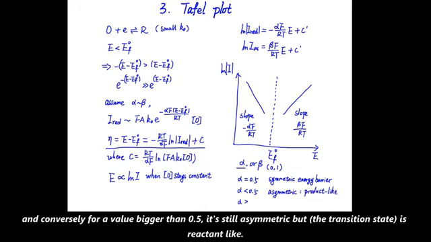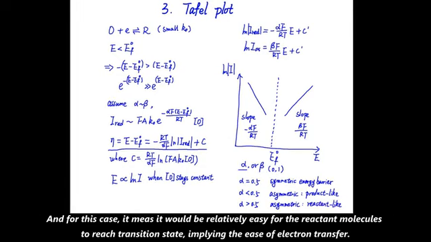Conversely, a value smaller than 0.5 is still asymmetric, but is reactant-like. And for this case, it means it would be relatively easy for the reactant molecules to reach the transition state, implying the ease of the electron transfer.